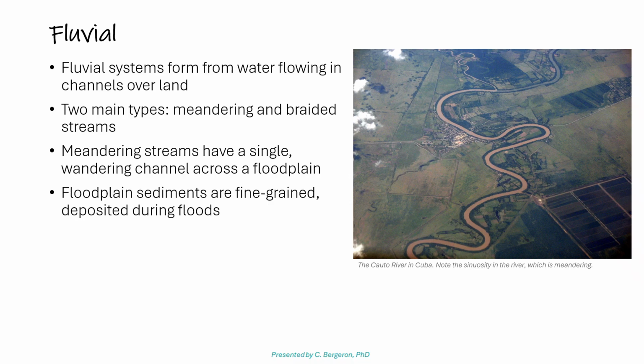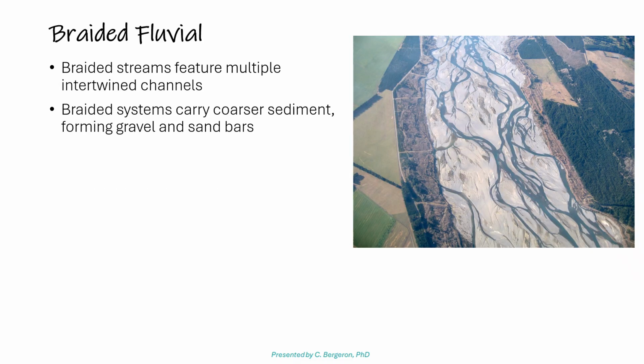And so you see a much broader range of grain sizes, and you tend to see larger grains as well. This type of river system forms a complicated series of interweaving channels, and it's really hard to tell where one channel starts and ends. You just have to look at it as all one system. And here's what that looks like, a braided fluvial system.